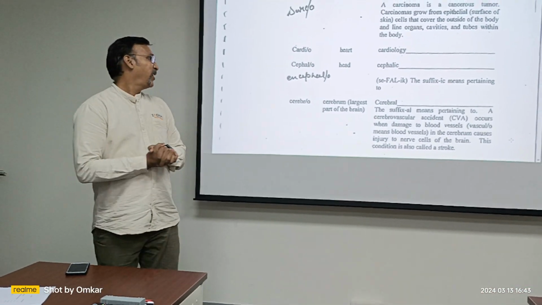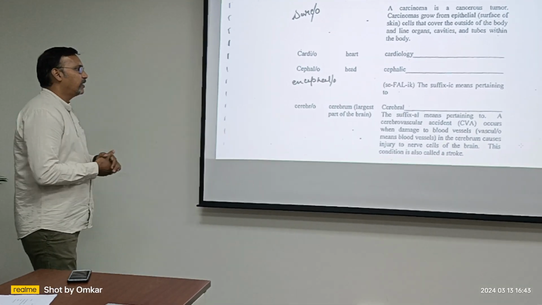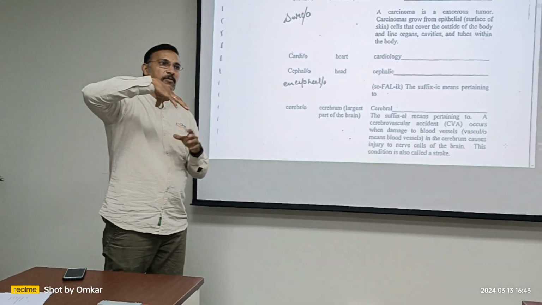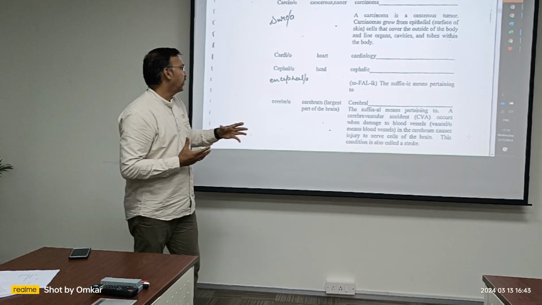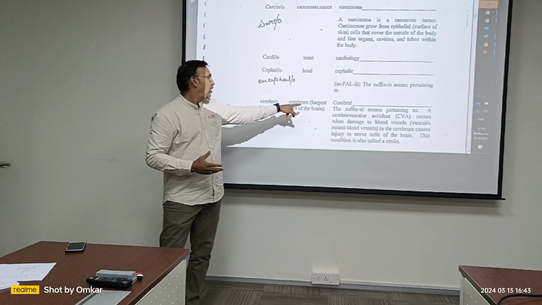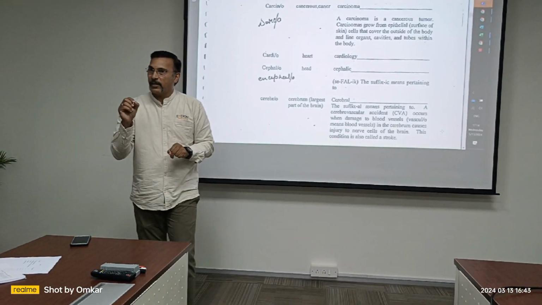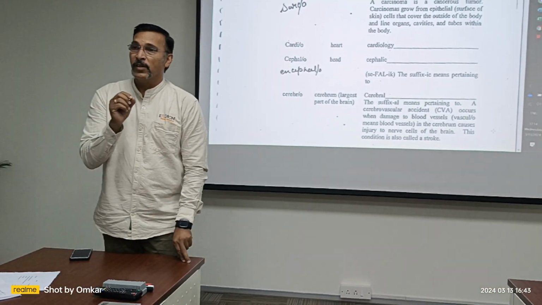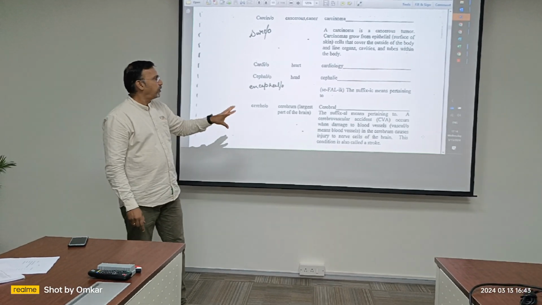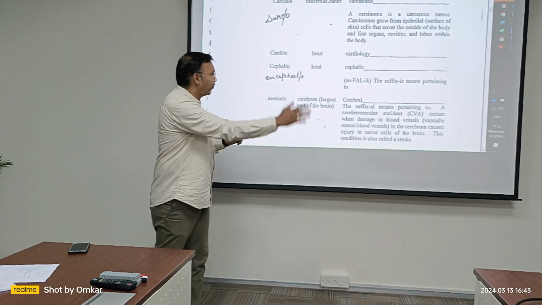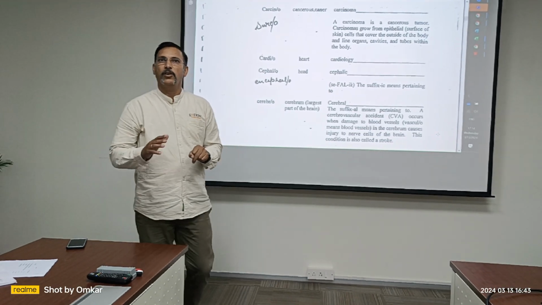Okay? Next, cerebro. Inside the brain, we have a big part of our brain that is known as cerebrum. Okay, the largest part of the brain. Now AL also I told you is pertaining to, like IC. So cerebral, pertaining to cerebrum, you write. That's enough. You don't write full, complete, that CV and all is not required.